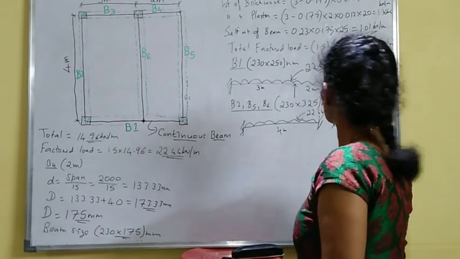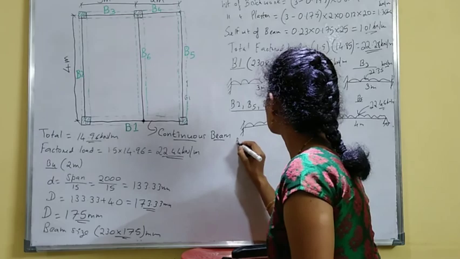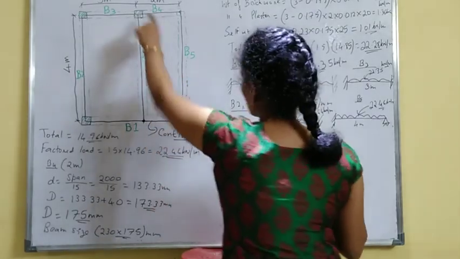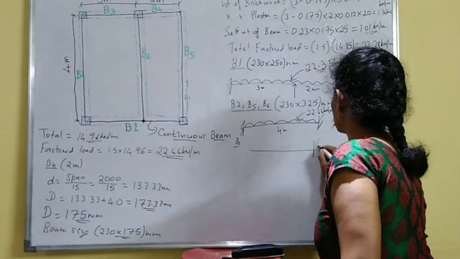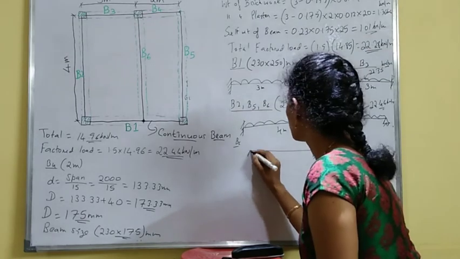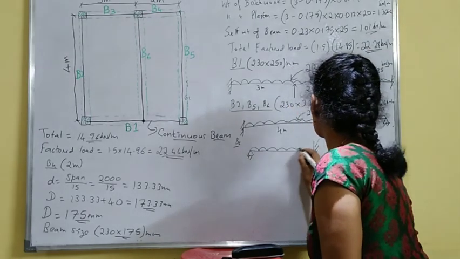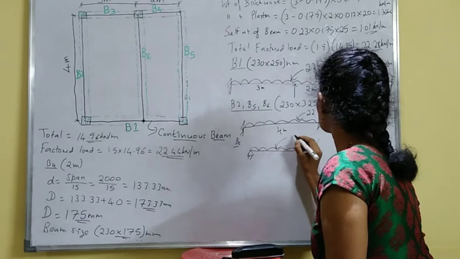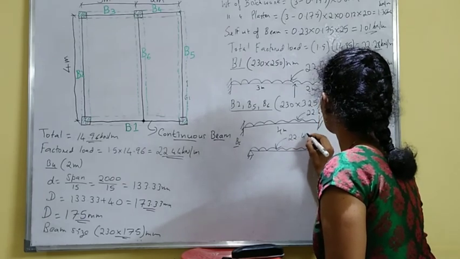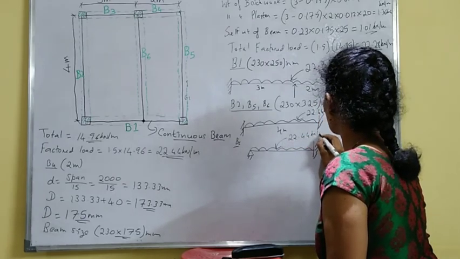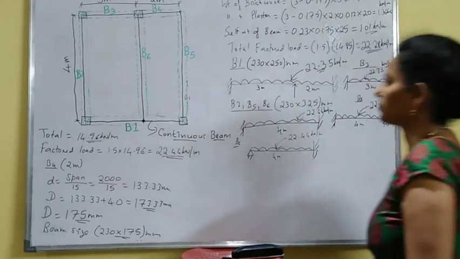Next span is 4 meter. B6: similarly, at this side the other end is fixed support, and here you have hinge. This is 22.44 kilonewton per meter. Span is 4 meter.